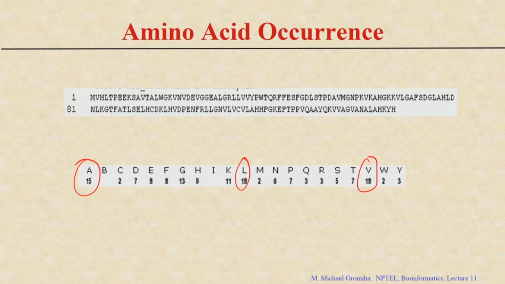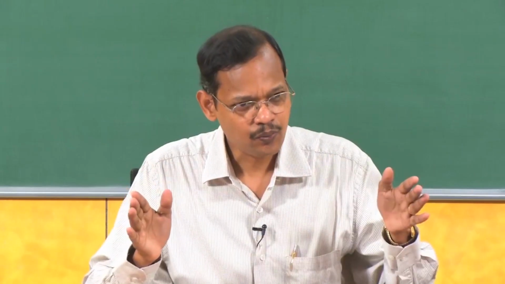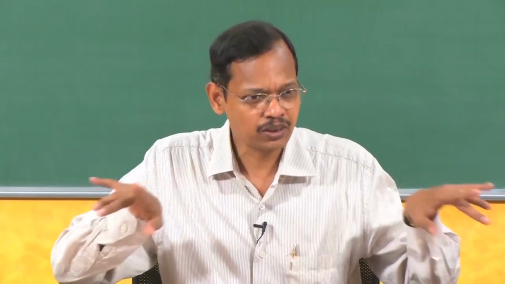So, these are the amino acids which occur very frequently in protein sequences, right. There are some amino acids which are rarely occurring. For example, cysteine only 2 times, tryptophan 2 times, and methionine also 2 times, right. If you consider several sequences, you can see the variation in the patterns.